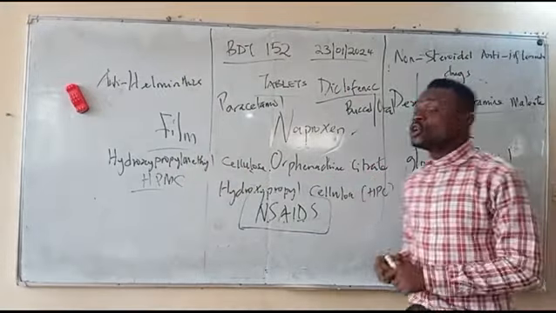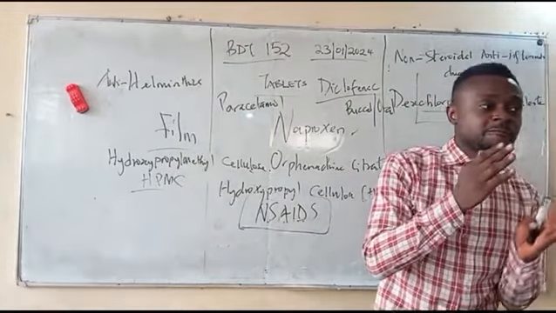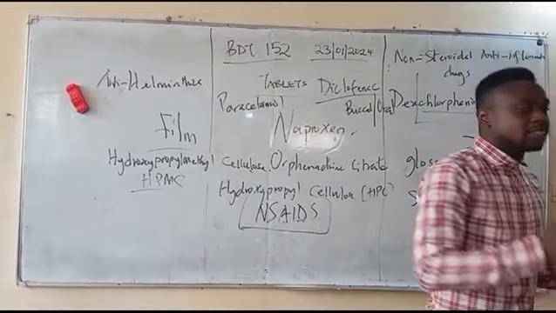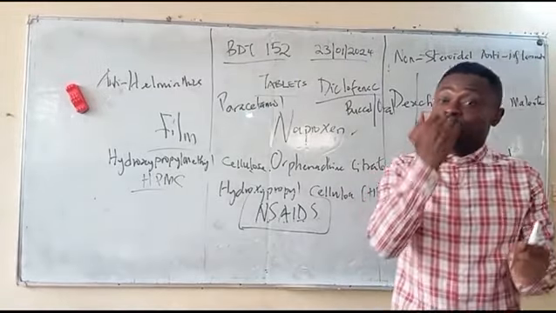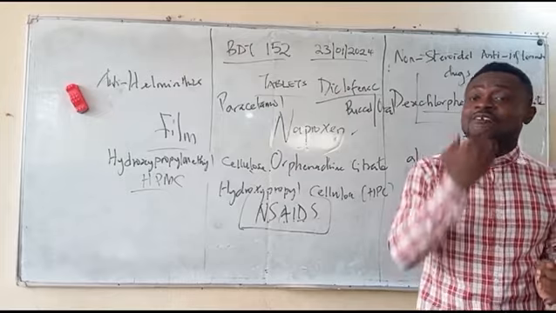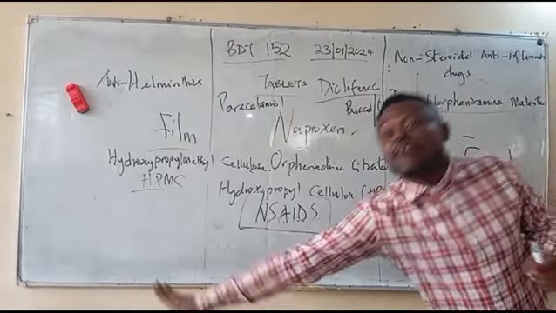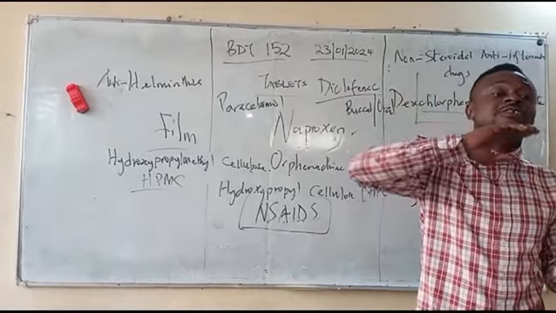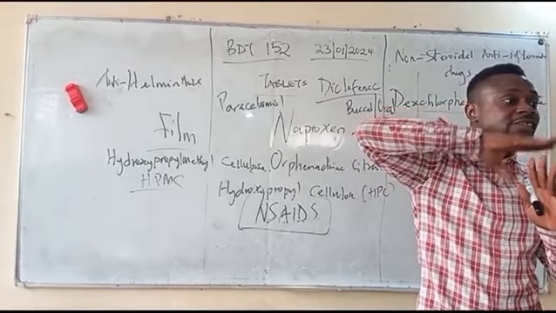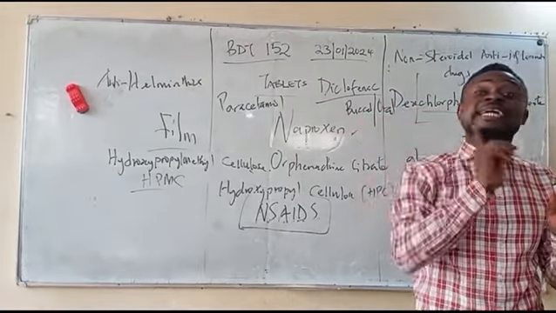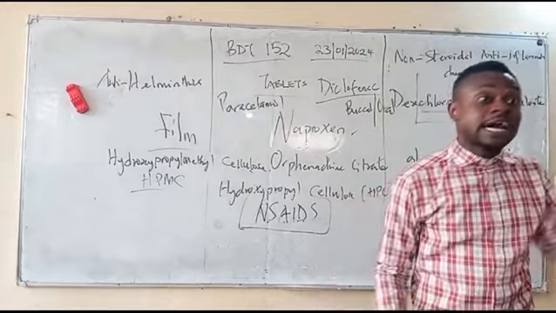Now, to avoid this first pass effect, some drugs are formulated as what? Sublingual tablet. So they don't have any business entering the liver. They put it in the mouth, and from the mouth, they disintegrate, dissolve, and enter the bloodstream straight without passing through the liver.